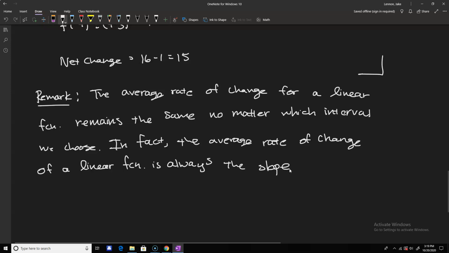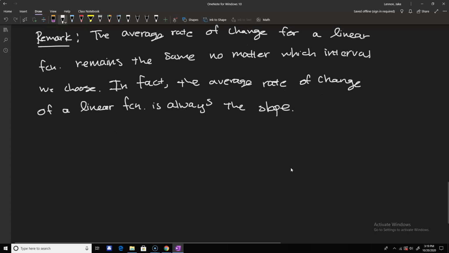So we'll do two average rates of change on a linear function on some wildly different intervals. So, example: suppose g of x equals minus 4x plus 1.